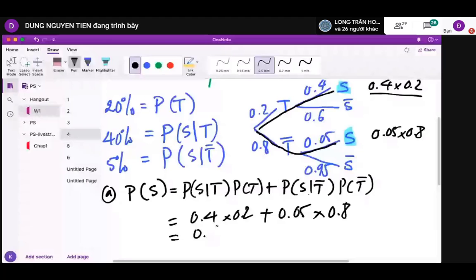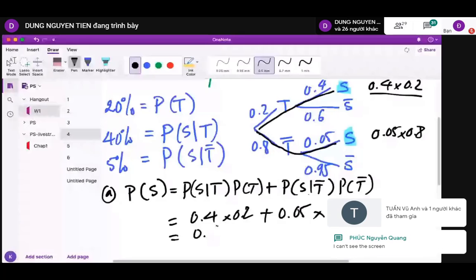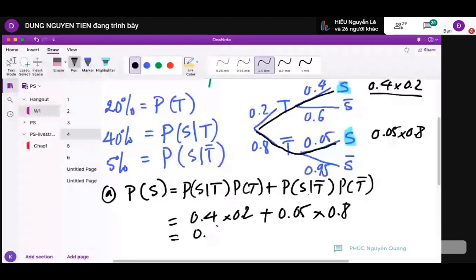Oh, you cannot see which part of the screen? Is it better? Do you understand the solution? Okay, good. Oh, you cannot see the screen? Which part?